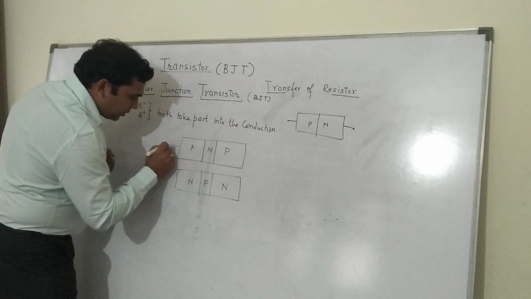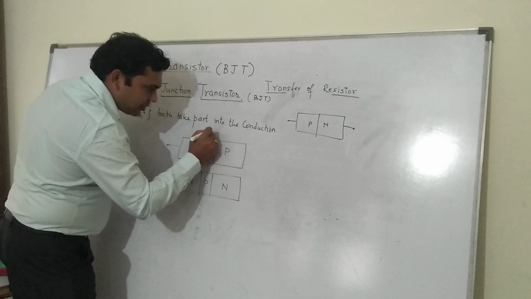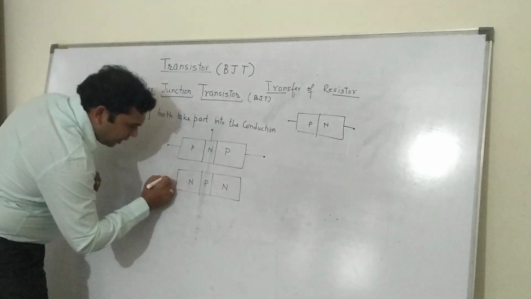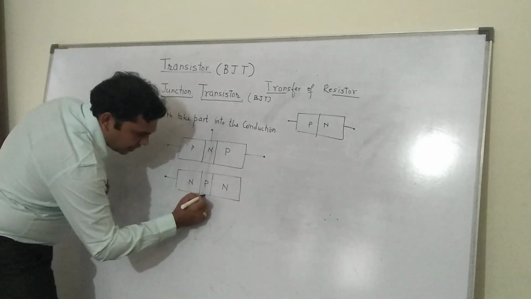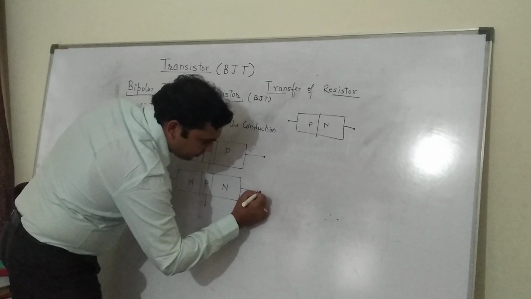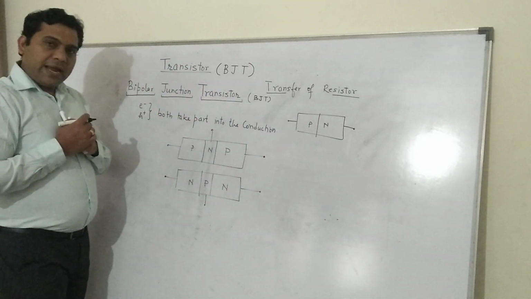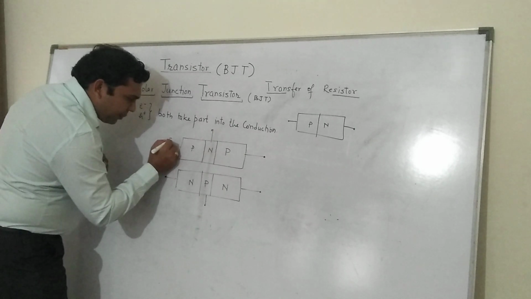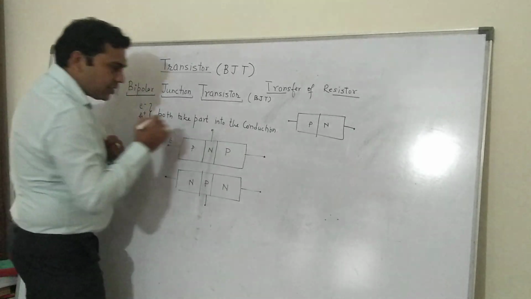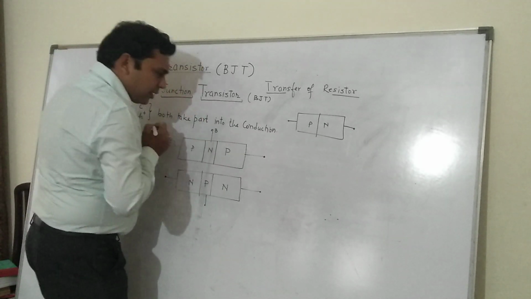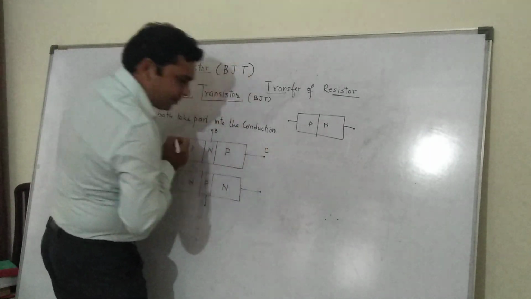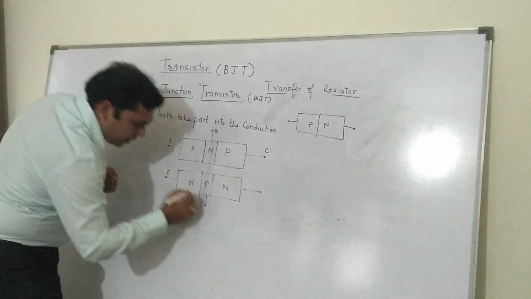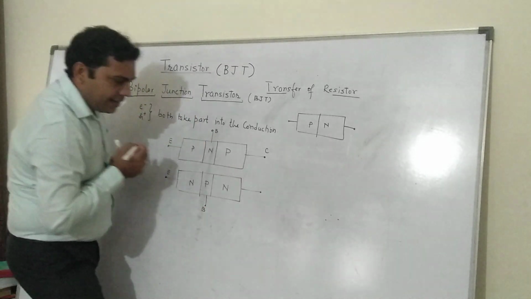The names of these terminals are: this terminal is known as emitter, this terminal is known as base, this terminal is known as collector. Similarly here, emitter, base, and collector.